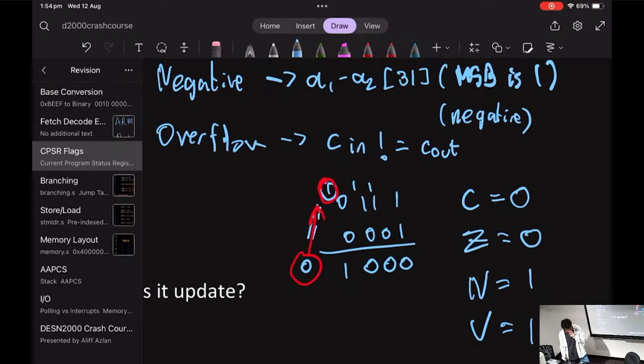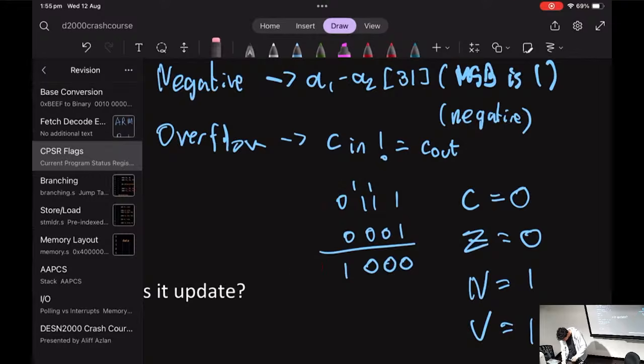Yep. So for this computation, if you were to run, say, ADDS on these two numbers, you would get these flags. Oh, yes, sorry. Carry in basically means the carry from the last digit.